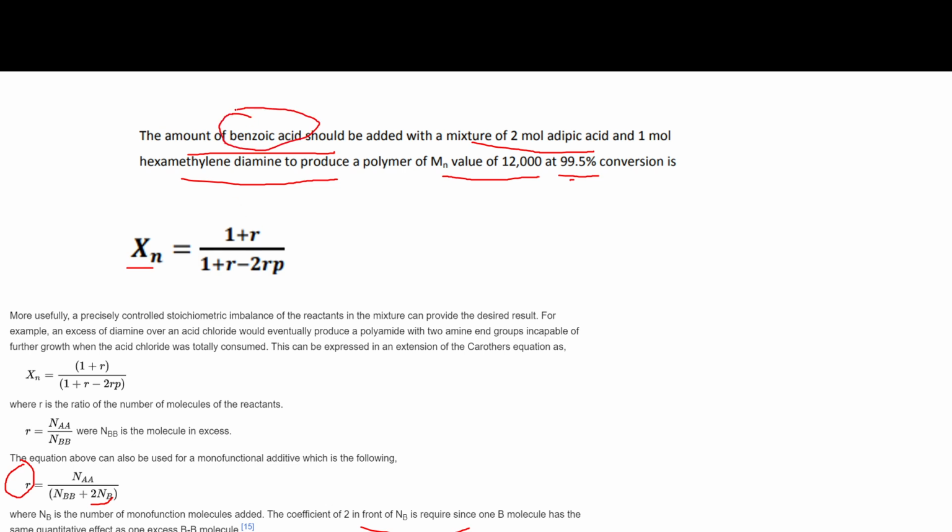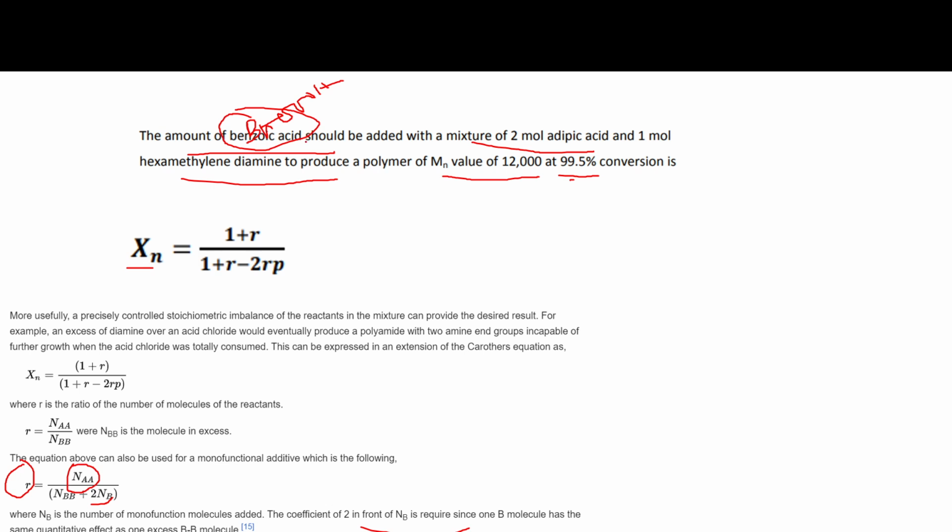Why is benzoic acid a monofunctional impurity? Here only one end is functionalized and the other end is blocked. So when it reacts at the end, polymerization does not take place further.